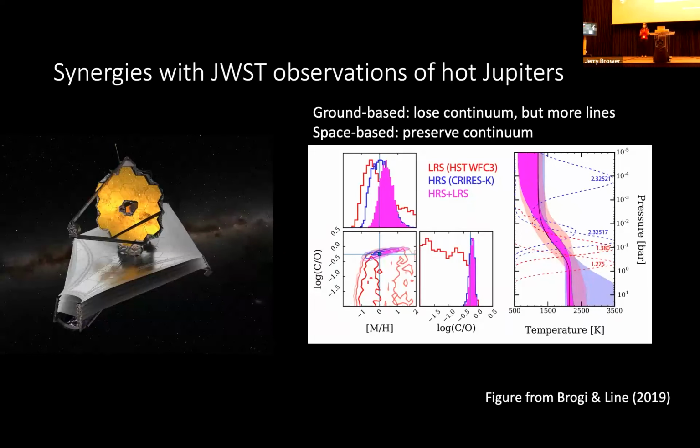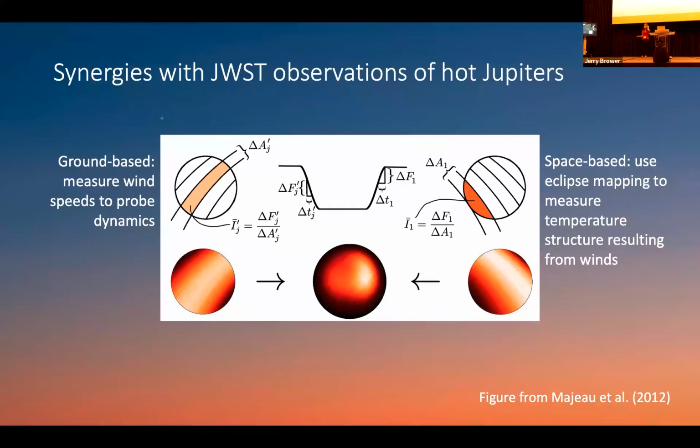So we get information on relative strengths of absorption features, but we don't get any absolute information. By observing these planets from space as well, we can actually add back in that continuum information. And like is being shown in this plot here, if we combine low resolution and high resolution data, we can get tighter abundance constraints than we'd be able to get from either data set on its own. And then there's also lots of other synergies as well.